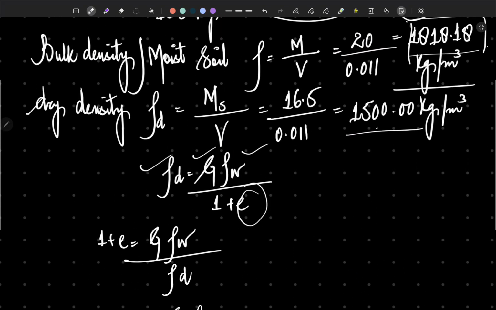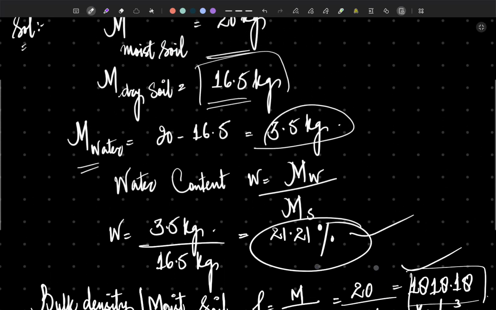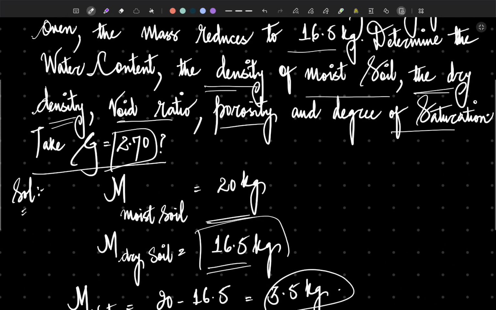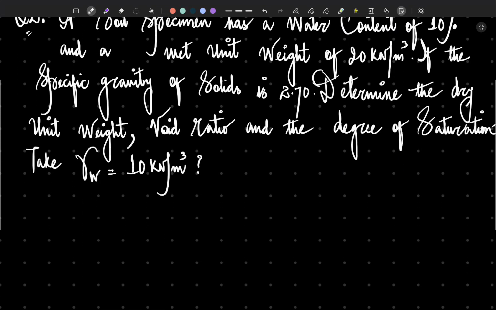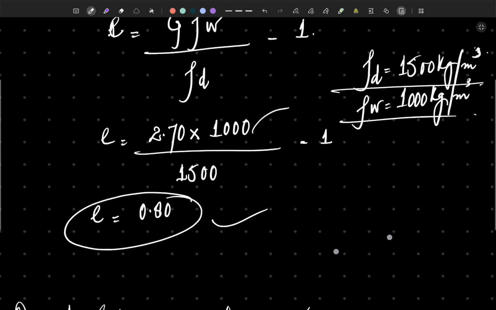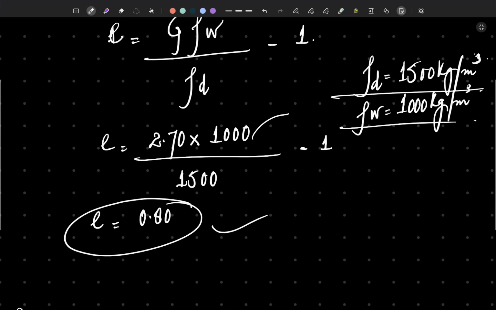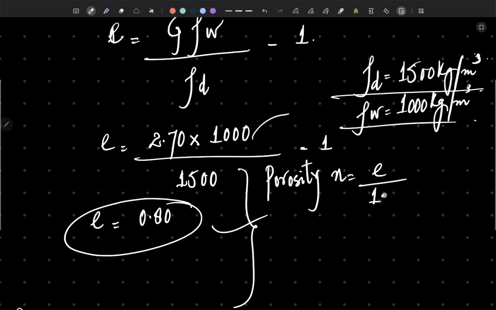Next thing that we need to find out is the porosity. We also know the expression relating void ratio and porosity. We have learned about it before. Let me write it here. We know that porosity, or the percentage voids, is denoted by n, and it is related to the void ratio by this expression.